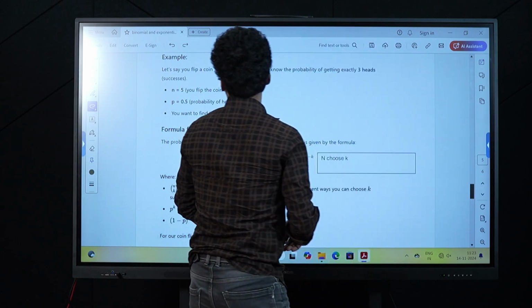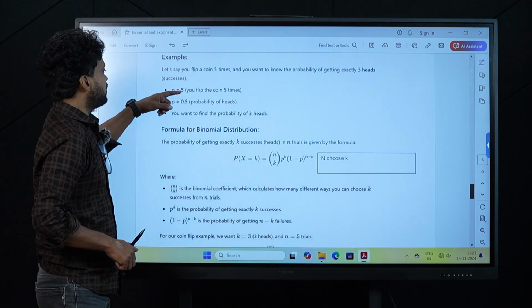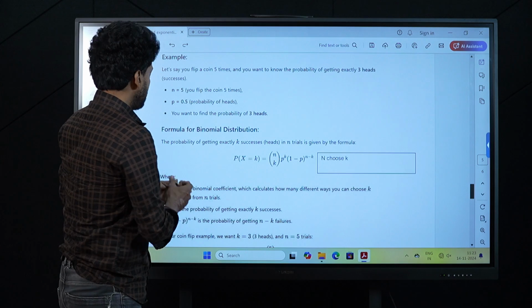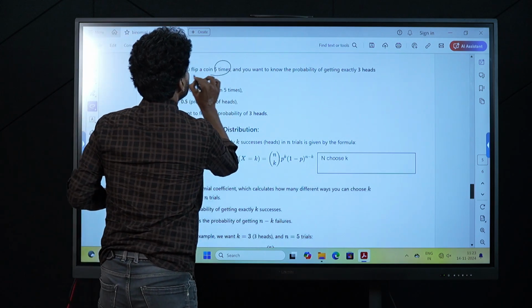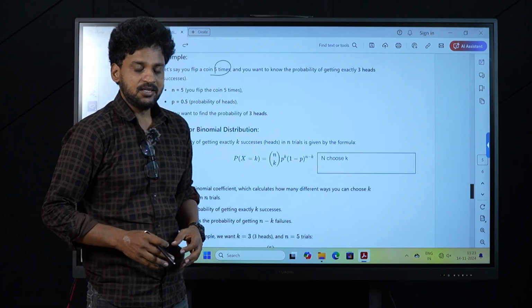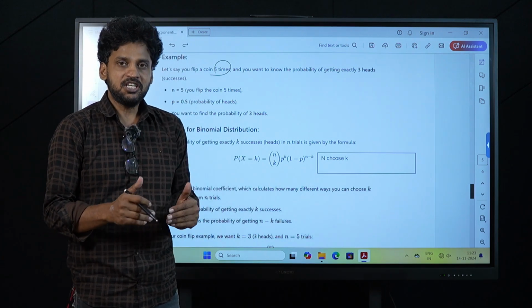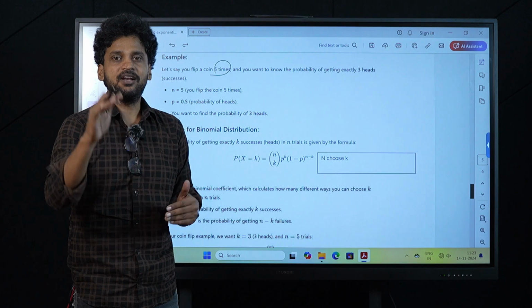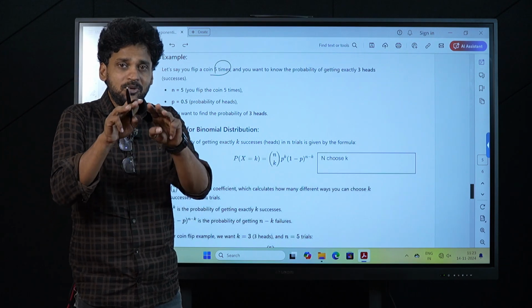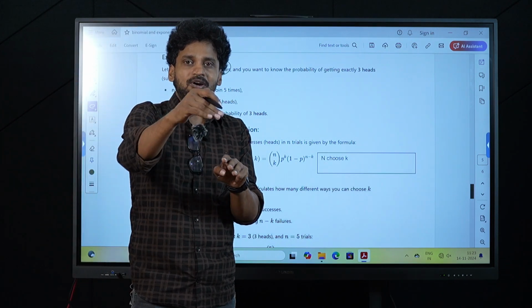Now, let us take an example. Let's say you flip the coin 5 times, so the number of trials is equal to 5, and you want 3 heads. If you get 3 heads out of these 5 trials, you win. You need exactly 3, neither more nor less.